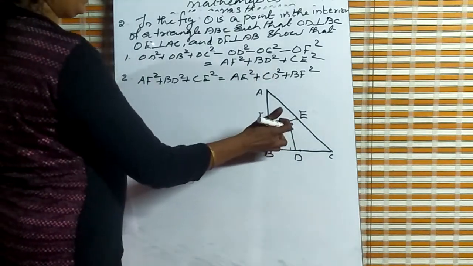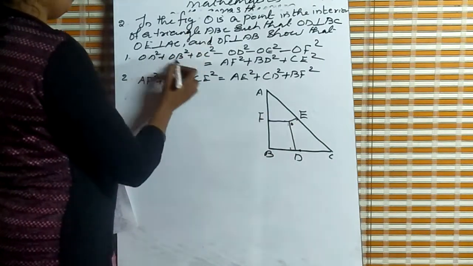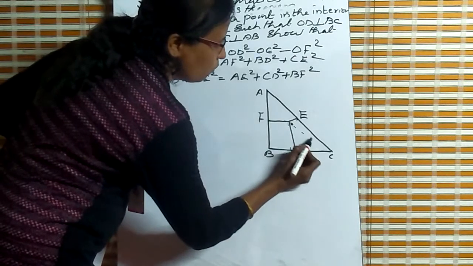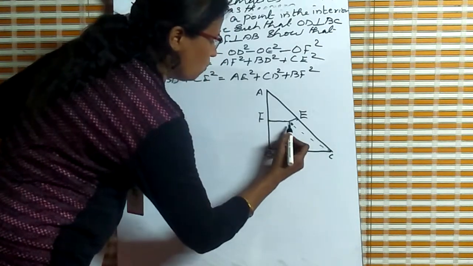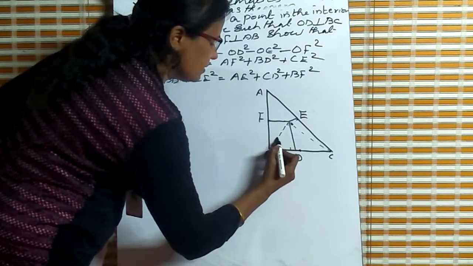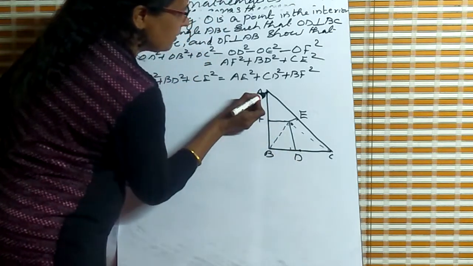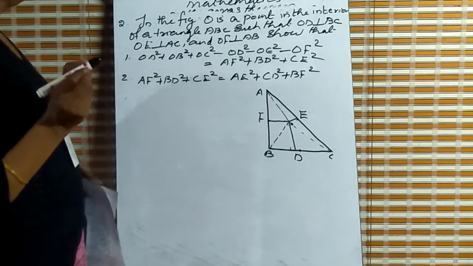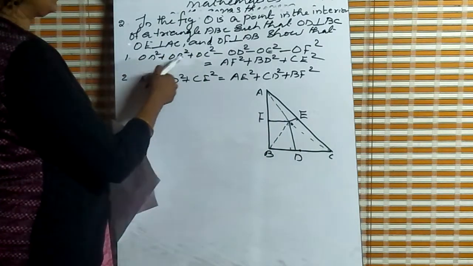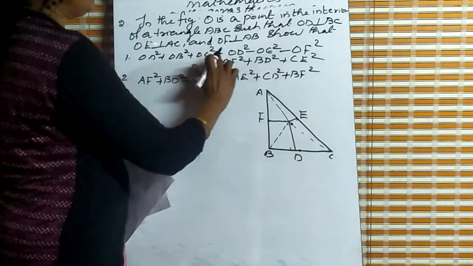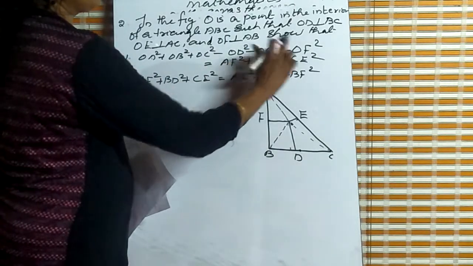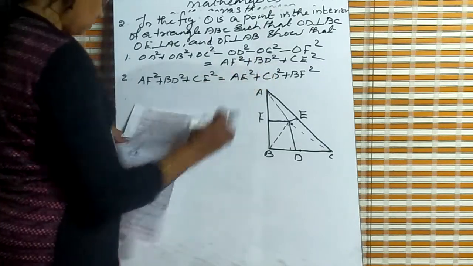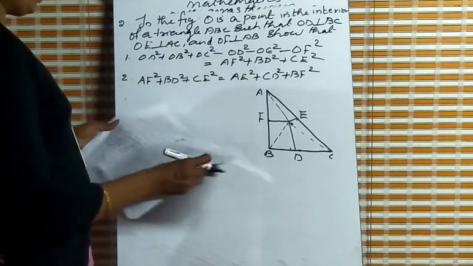Show that OA square plus OB square plus OC square. For that we join OA, OB, OC and prove that OA square plus OB square plus OC square minus OD square minus OE square minus OF square is equal to AF square plus BD square plus CE square.